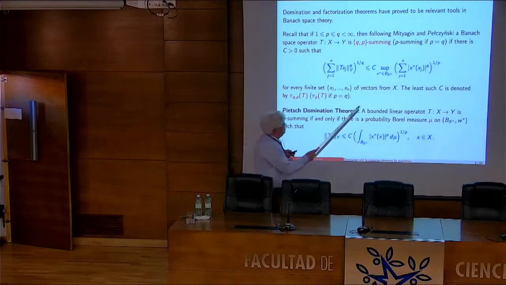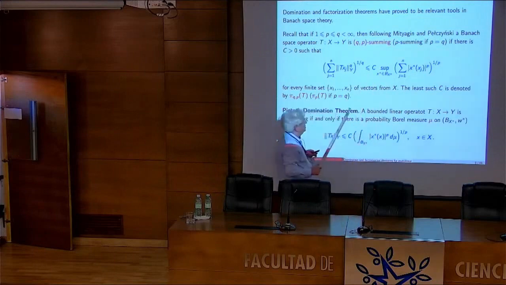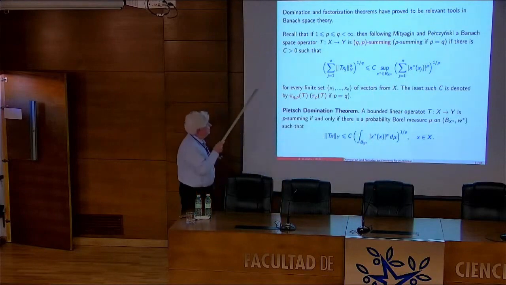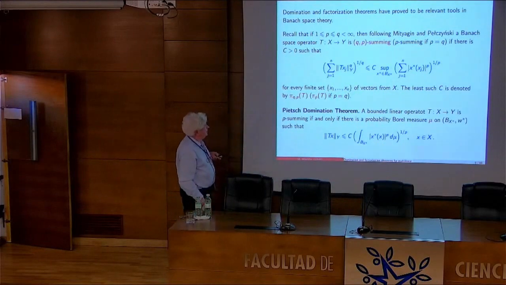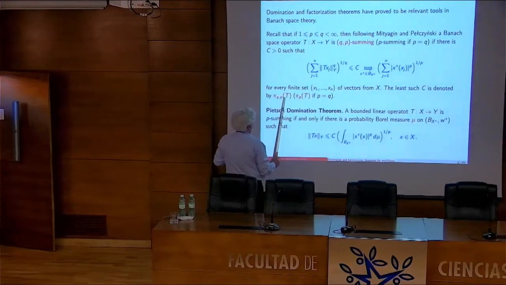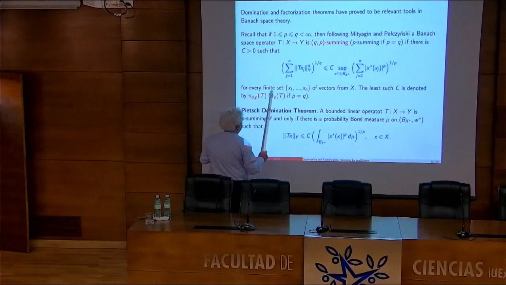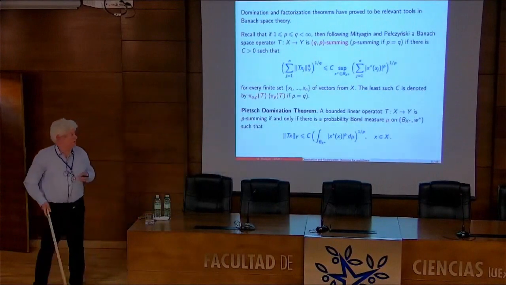On the right hand side, this is the l_p norm, and we take the supremum over functionals in the unit ball of X, and this is the l_q norm for the values in the space Y. The best constant here is denoted by this, and whenever p is equal to q, this is exactly a p-summing operator.